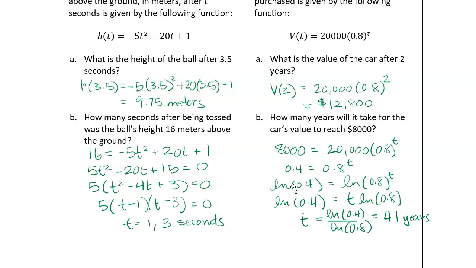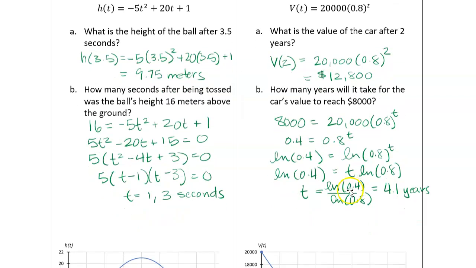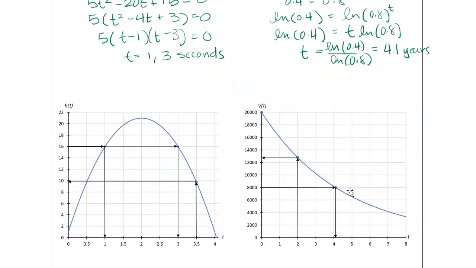In this case, I get one t value. And you can graph these. Let's take a look at the graphs of these two functions, because you can see a little bit better what's happening here.